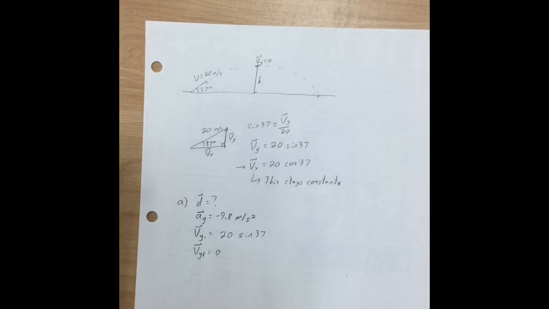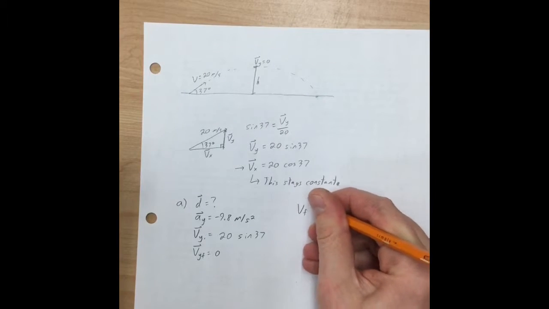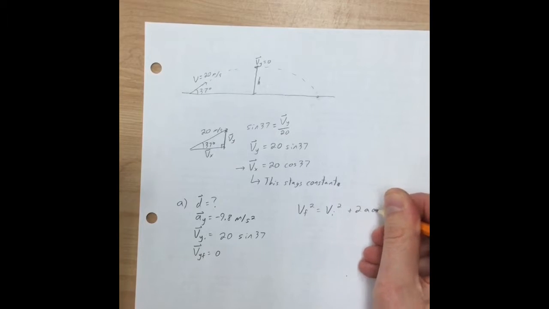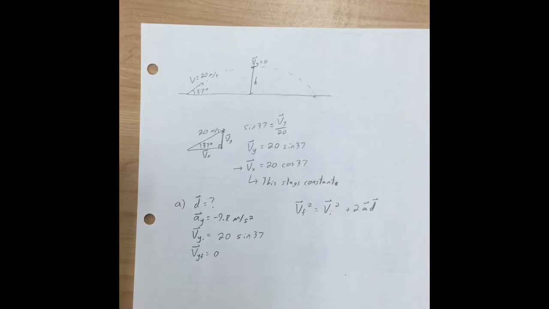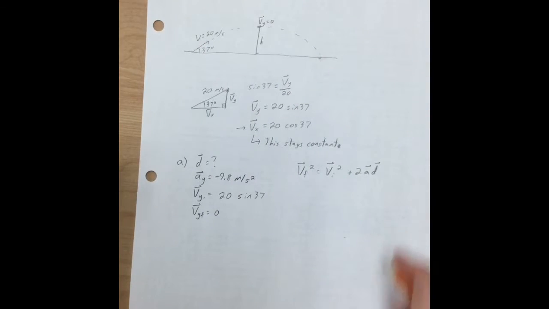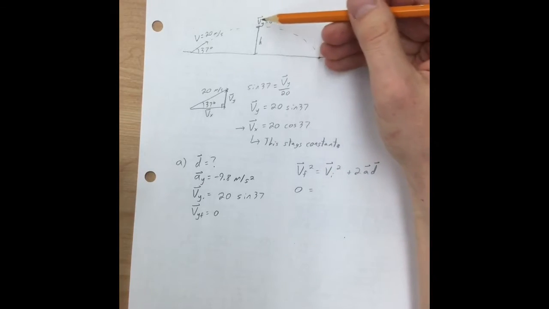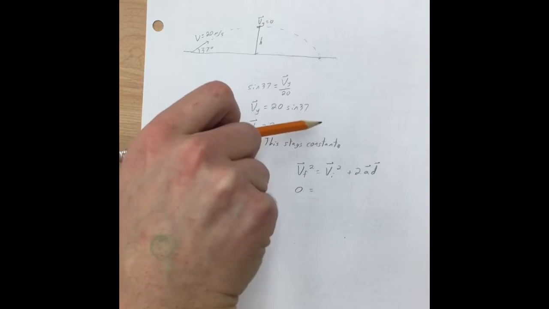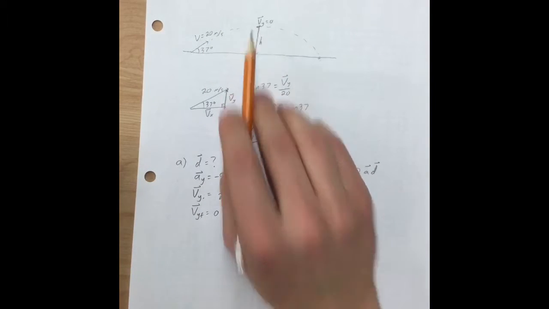So d, a, Vi, and Vf, that sounds like Vf squared equals Vi squared plus 2ad. Vf is 0, because we're talking about that point right there. And in the y direction, yes, it is moving in the x direction. Overall velocity, net velocity is not 0, but in the y direction, velocity is 0.